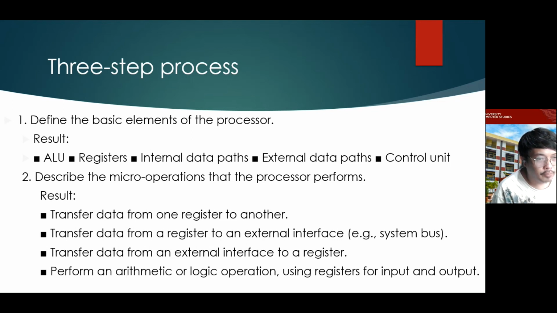And last, perform an arithmetic or logic operation using registers for input and output. All of the micro-operations needed to perform one instruction cycle, including all micro-operations executed for every instruction in the instruction set, fall into one of these categories.